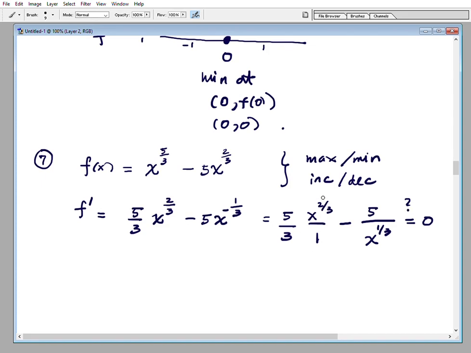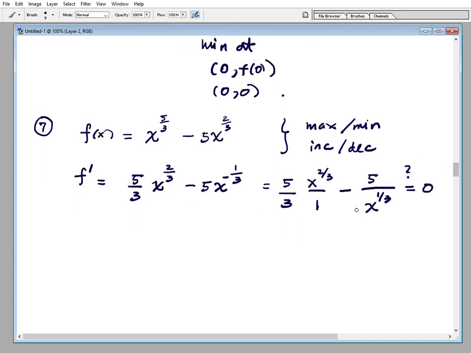So we'd like to write this as a single fraction. We do this a lot when we have two fractions and we want to set some function equal to 0. We'd rather have one fraction so we can set the numerator to 0. Remember, fraction is 0 when the numerator is 0. But here we have two fractions, so let's combine them with a common denominator, which is going to be 3 times x to the 1/3.